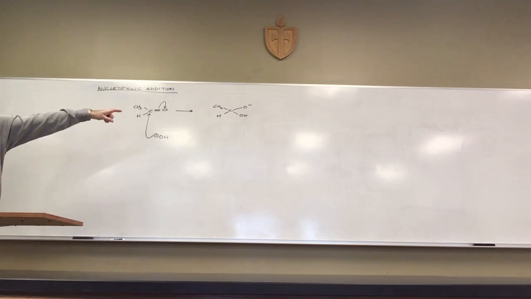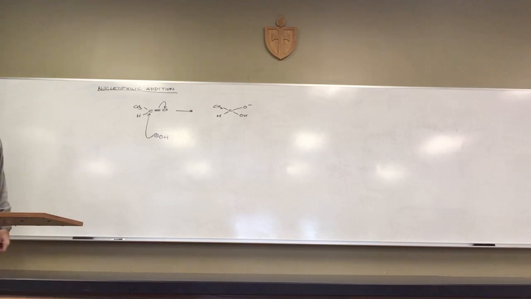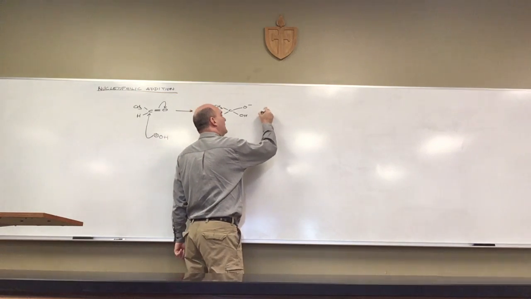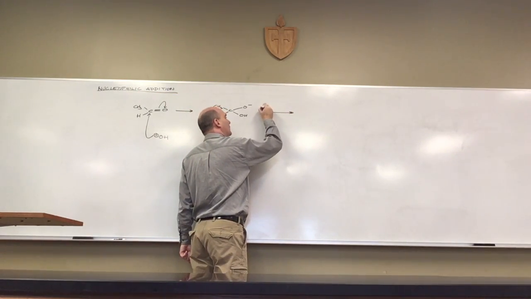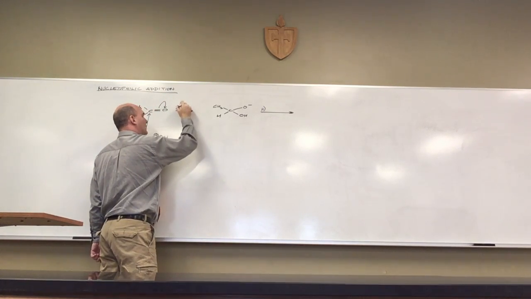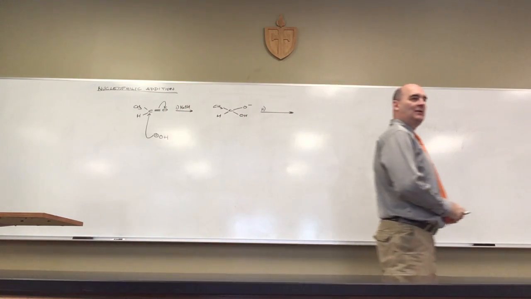But I've left that oxygen hanging with a negative charge, and it needs to go away. So I need a part 2. Part 1 is performed in base, in sodium hydroxide.